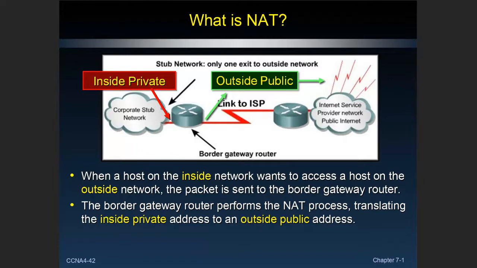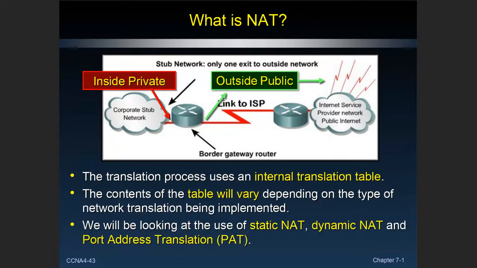So when a host on the inside network wants to access a host on the outside network, the home router at your house will take that packet and do a little rocket surgery and substitute that inside private address with the outside public address that you got from your internet service provider. So this is a translation table that will be present on your home router.